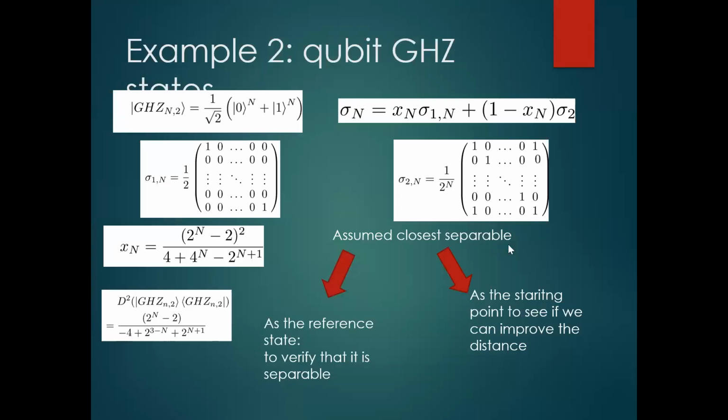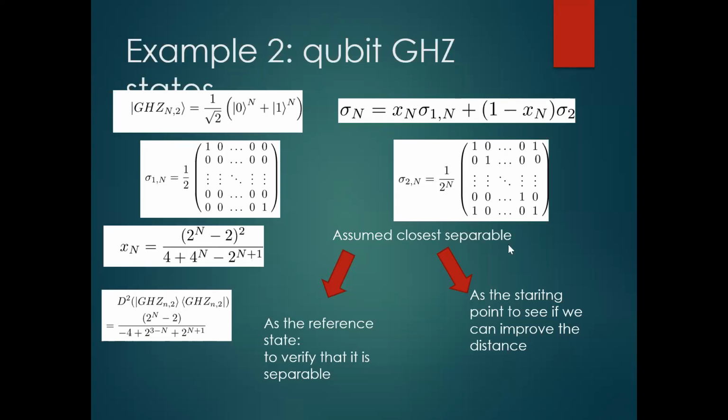So example 1 was the simplest, for different dimensions, that I would skip, but example 2 was of course the GHZ n-qubit GHZ state, and we were able to find the analytical form of the closest separable state.